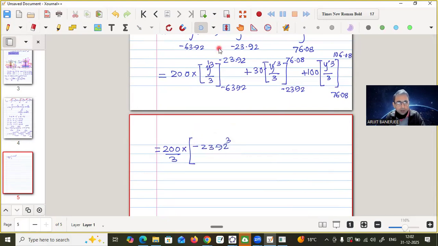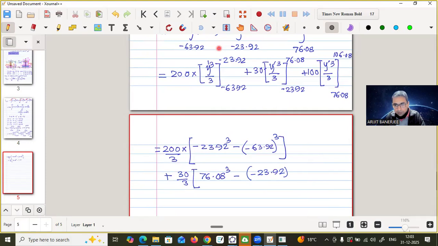Minus 23 and then minus of minus 63.92 cube, plus 30 by 3, 76.08 cube minus of minus 23.92 cube, plus 100 by 3, 106.08 cube minus 76.08 cube.